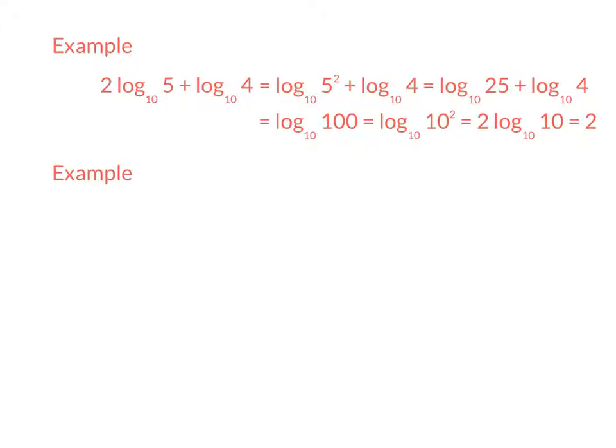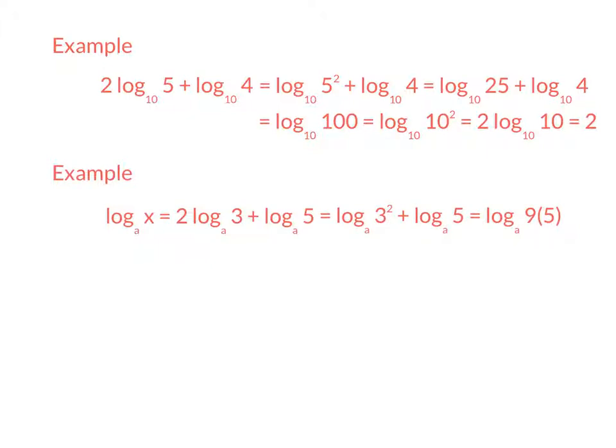Another example might look like this. Log base a of x is equal to 2 log base a of 3 plus log base a of 5. Solve for x. Well, on the right side, we can combine that into a single logarithm. So using the power rule, we can move the 2, that's right here, to an exponent there.